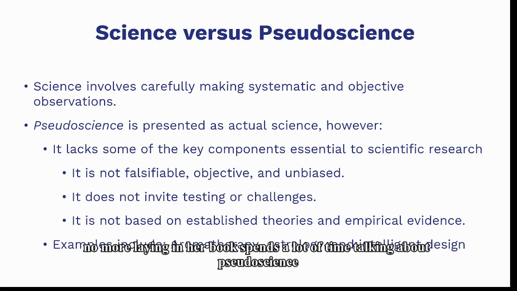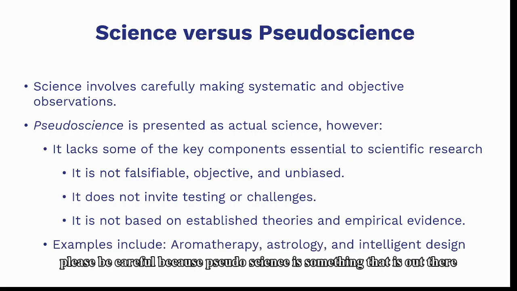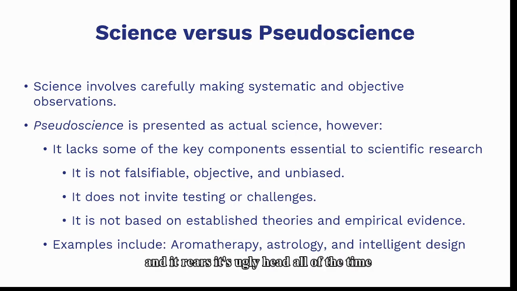Now, Morling in her book spends a lot of time talking about pseudoscience. Please be careful, because pseudoscience is something that is out there and it rears its ugly head all of the time. Pseudoscience is a situation where information is presented as actual science, but it's really not, because it lacks something. It lacks some of the key components, one or all.